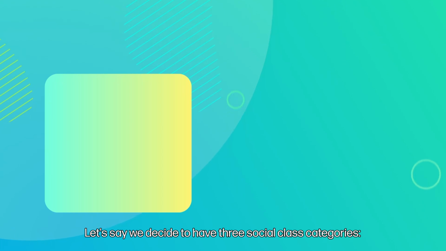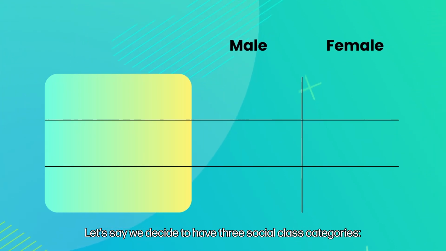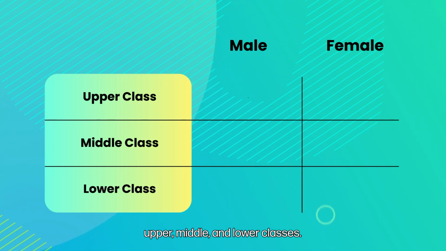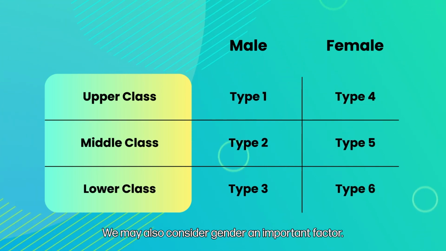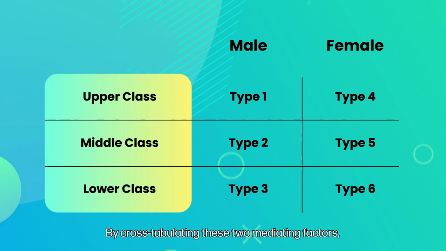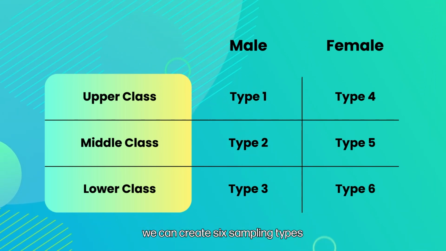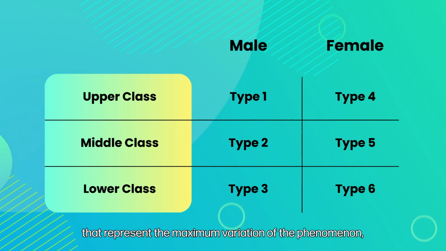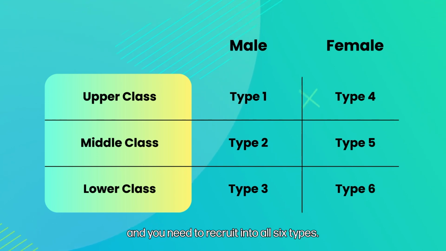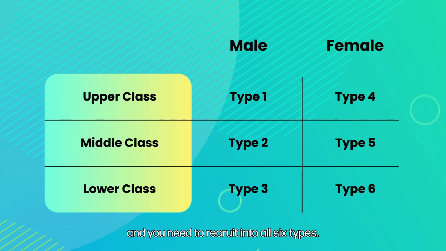Let's say we decided to have 3 social class categories: upper, middle, and lower classes. We may also consider gender as another important factor. By cross-tabulating these 2 mediating factors, we can create 6 sampling subtypes that represent the maximum variation of the phenomenon, and you need to recruit participants into all 6 subtypes.